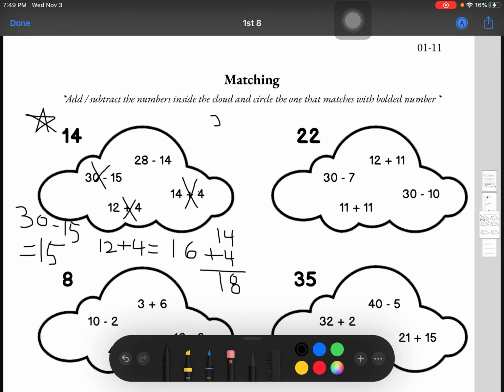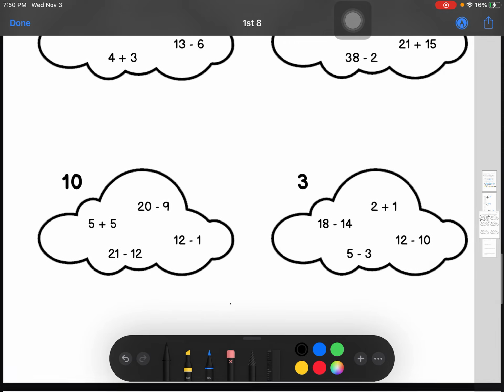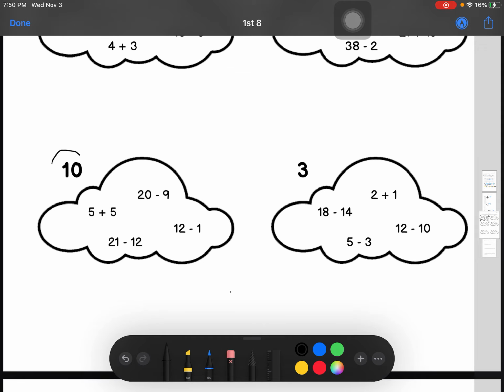But if we want to double check, we can always do the math. So 28 minus 14 would be 8 minus 4 is 4, and 2 minus 1 is 1, meaning 28 minus 14 is the right answer. Next, we will move on to this one. We're trying to solve for number 10. We'll start with 12 minus 1, which is 11, which unfortunately does not match with 10.